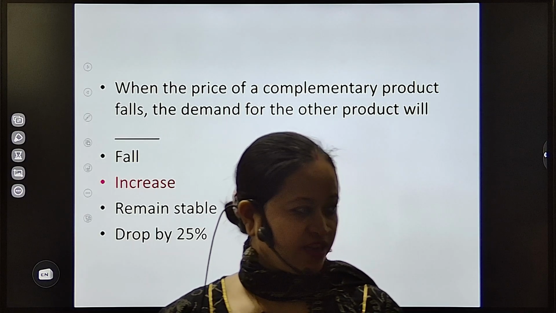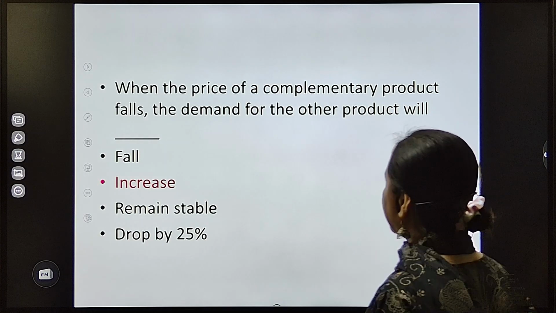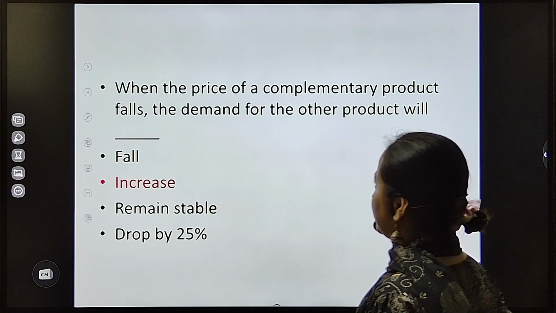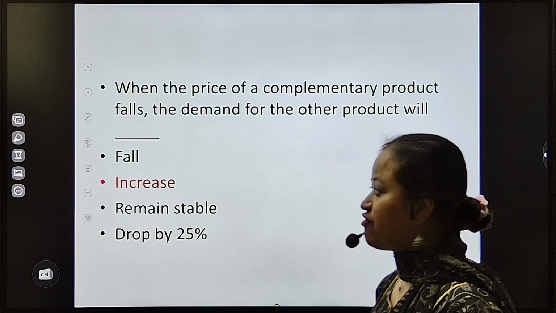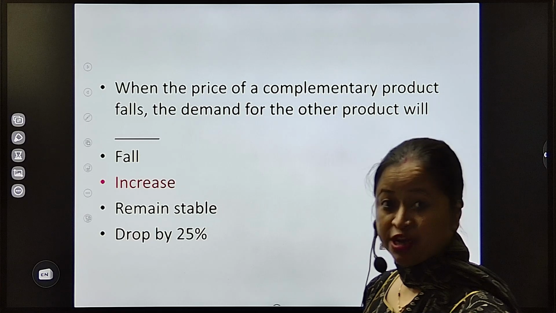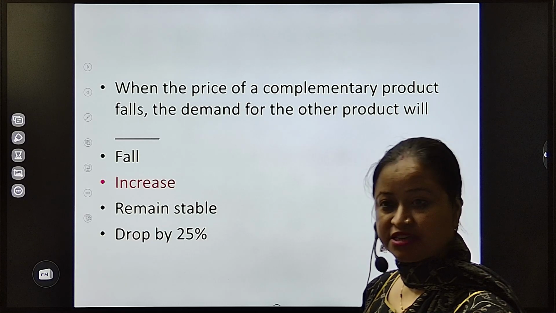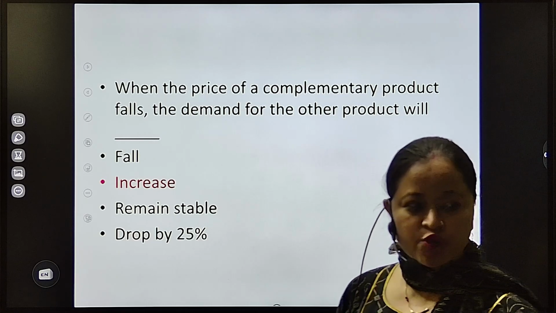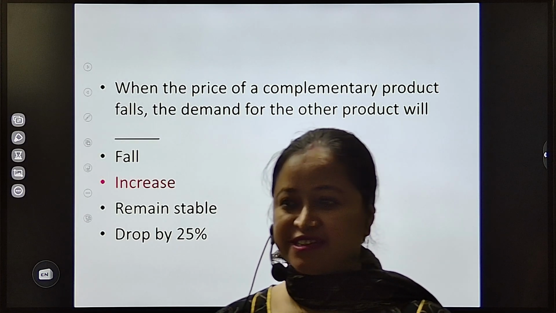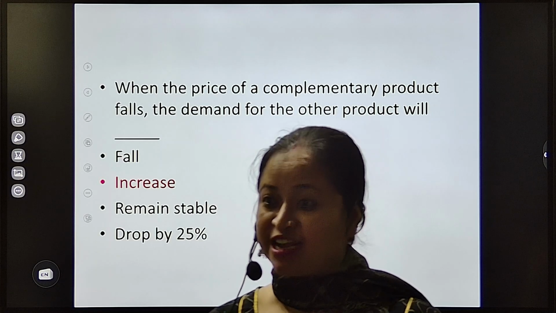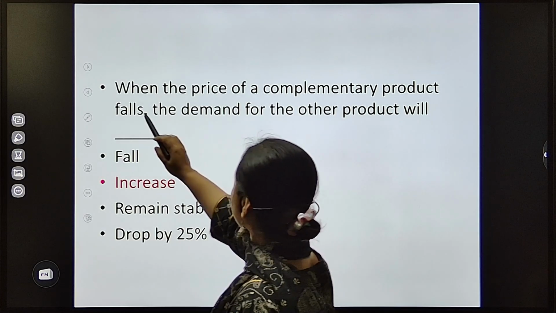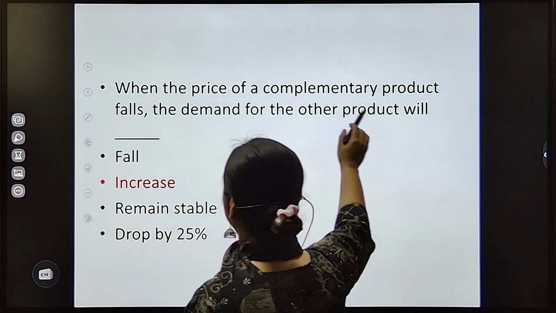If the price of petrol falls, the demand for petrol cars will increase. People will go running to buy. So when the price of a complementary product falls, the demand for the other product will increase.